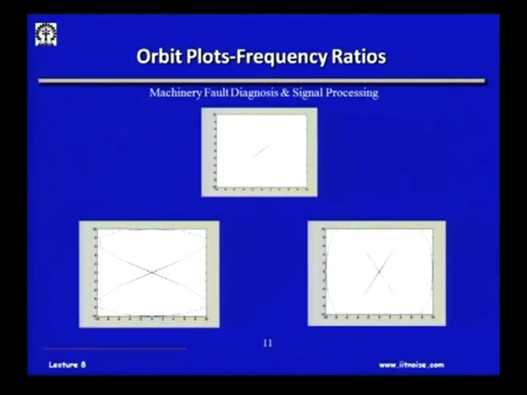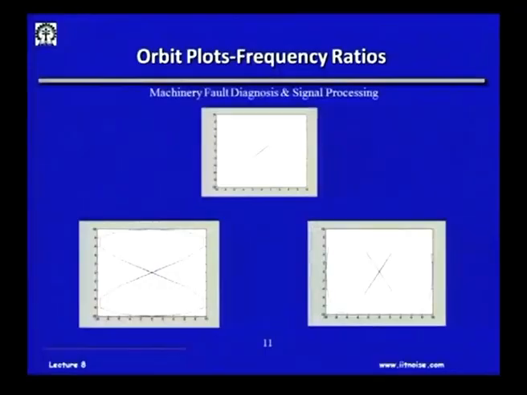And then we will come to more about orbit plots and frequency ratios once we discuss more about frequency, but essentially there are two time signals. If I know one signal's time period, I can know another signal's time period, depending on whether the two frequencies are the same or different, or the two amplitudes are different.